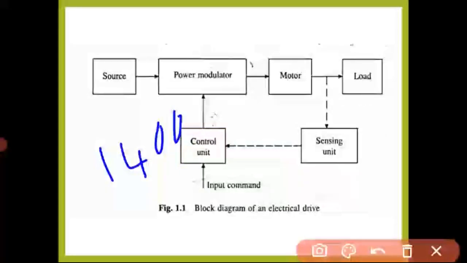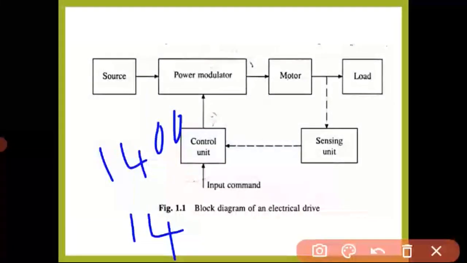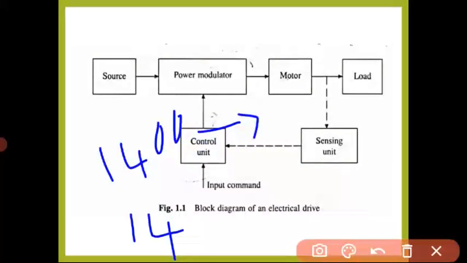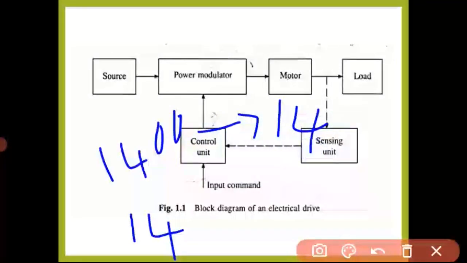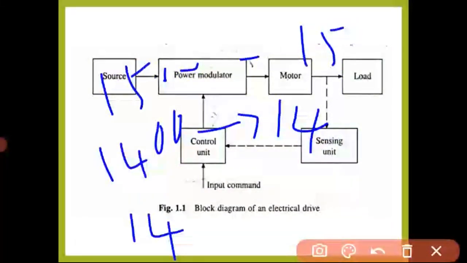The tacho generator generates 14 volt, clear. It means 1500 rpm is 15 volt, and 1400 is 14 volt, clear.